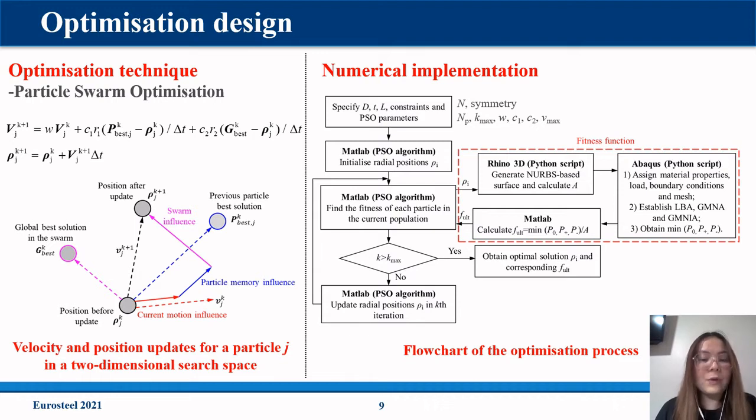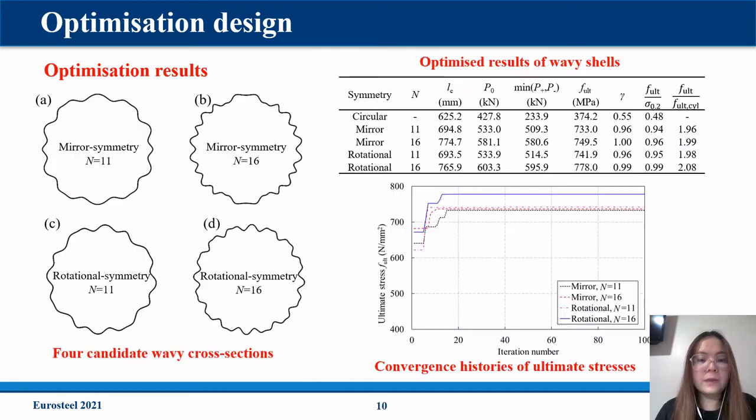Then we get the results, and the positions and results were returned to MATLAB. The PSO algorithm will automatically update the positions. After running several runs, the shell shape with the maximal ultimate stress can be determined.